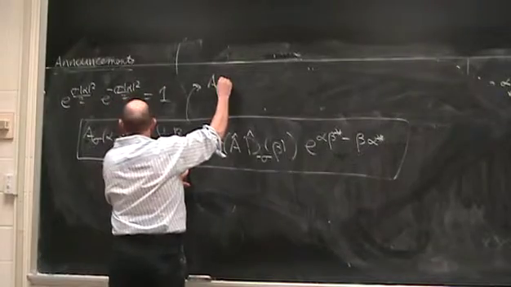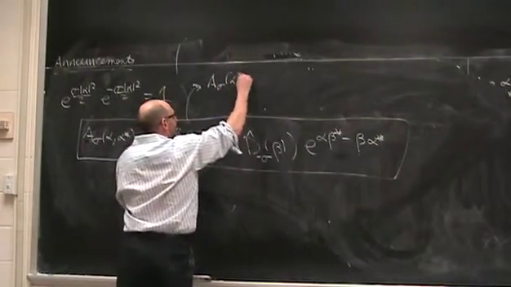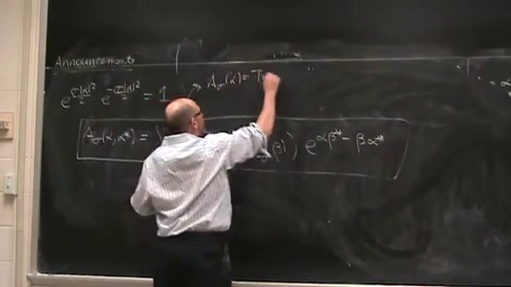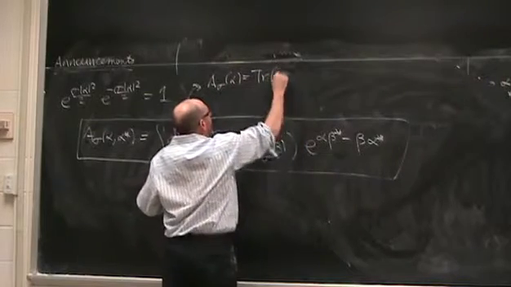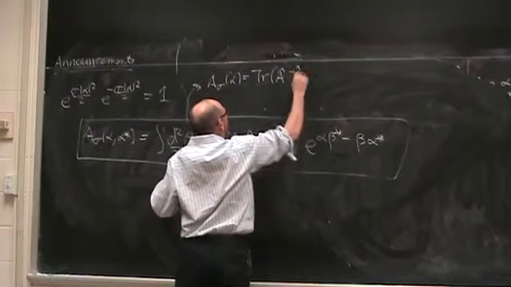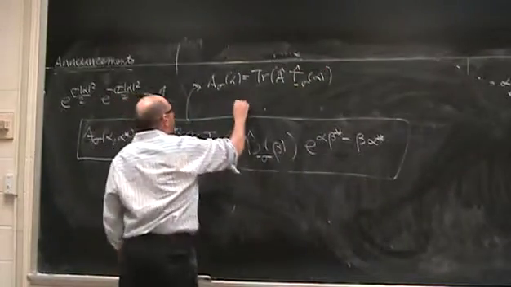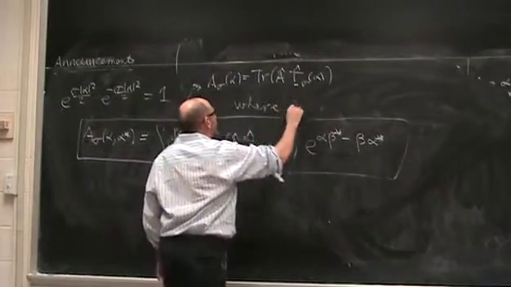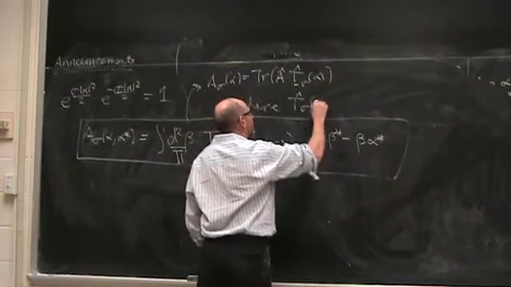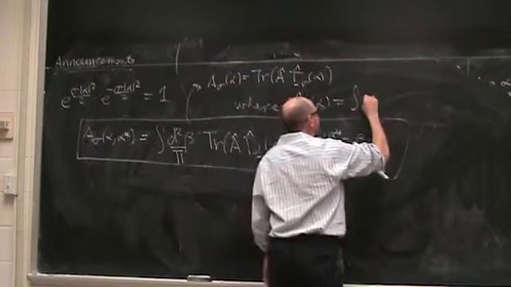Just looking at this, I see that this is equal to the trace of A with an operator we'll call T, where T is the Fourier transform of D.